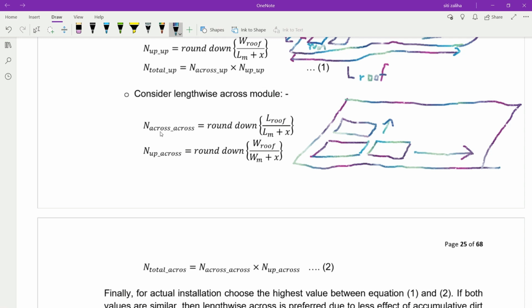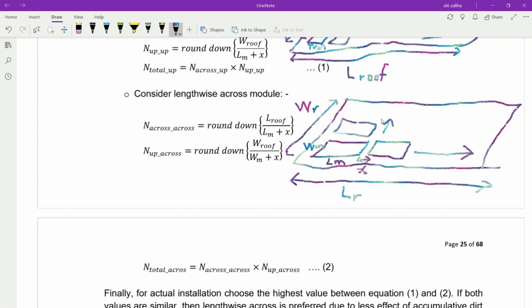This across represents lengthwise across, and the arrangement is across the length of the roof. So this is the length of the rooftop, this is the length of the module, this is the width of the module, and here is the width of the rooftop. For n across in this direction, round down the length of the roof divided by the length of the PV module plus gap x.